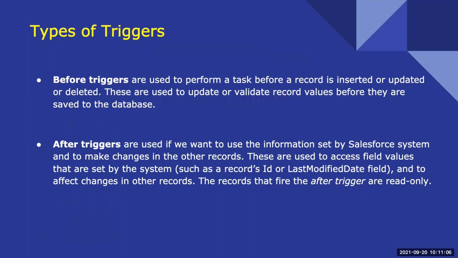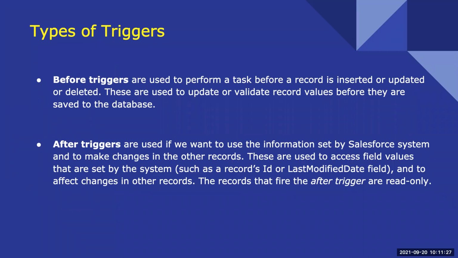Then we have two types of triggers, before triggers and after triggers. As the name suggests, before triggers will execute before updating a record. So before updating a record, we can either change the value which is coming in, or we can check some validation rule and discard the update itself.